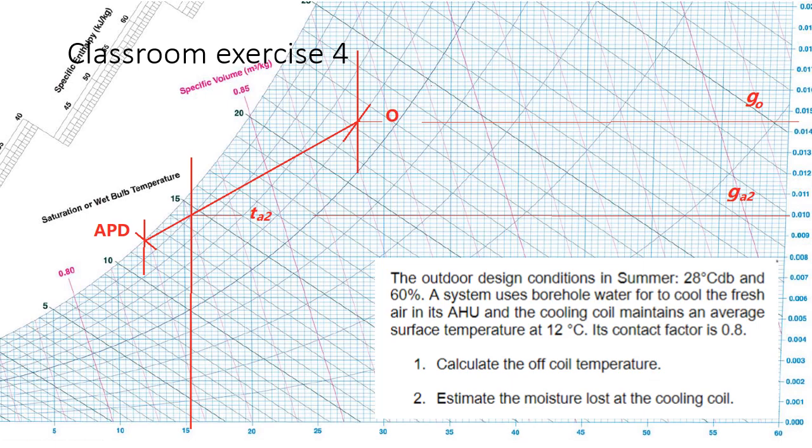So if in the room there's a surface that has a temperature lower than, let's say, 19 degrees, we will surely see the surface accumulate droplets.